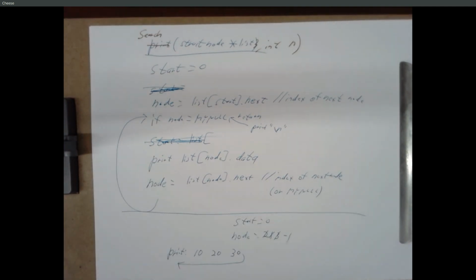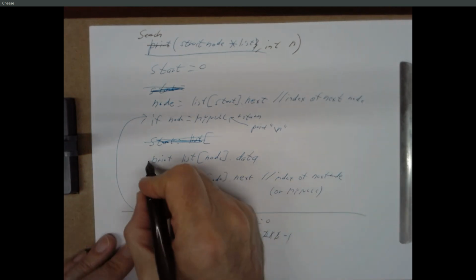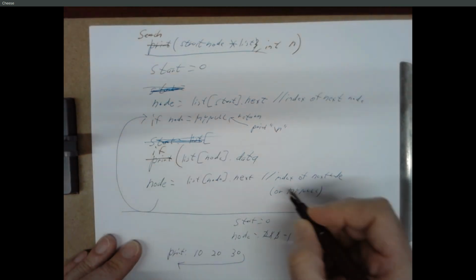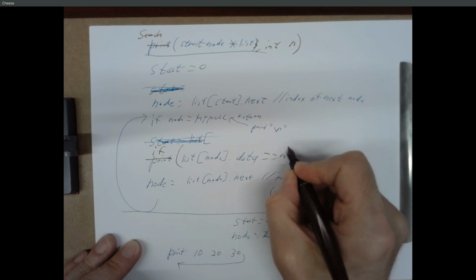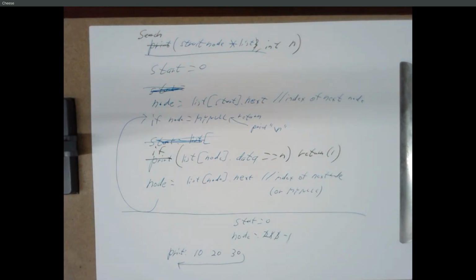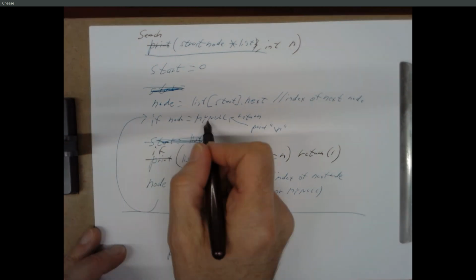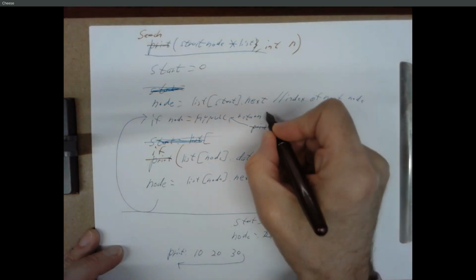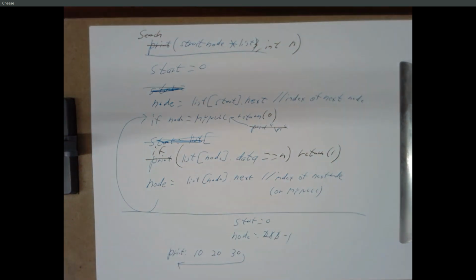And instead of printing list[node].data, we can say if list[node].data equals n, return 1. Because guess what? We found a node whose data value is equal to n. If we come down here and node is equal to MYNULL, just return a 0, saying that data n was not found in our list.